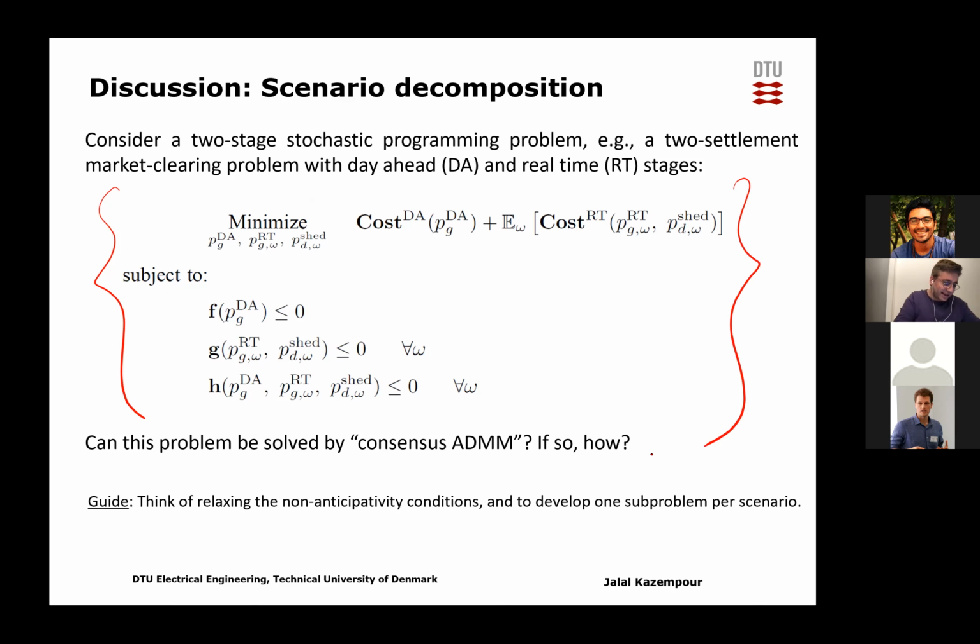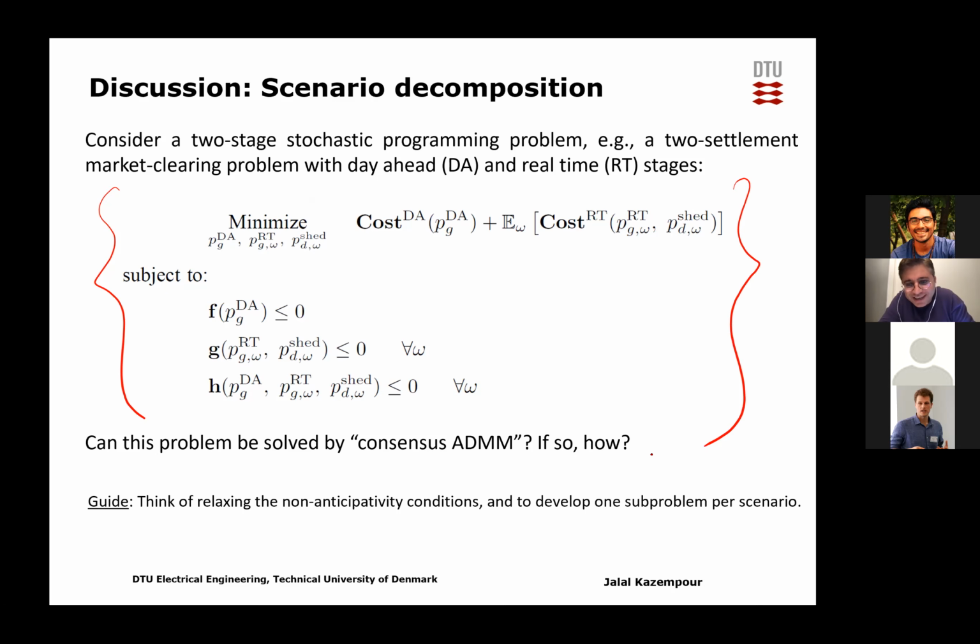Can we solve it as a consensus ADMM problem? If so, what is the common variable, and what are the agents here? Not the agents, what are the subproblems? What is the common variable to reach consensus on, and who are they getting consensus on it?